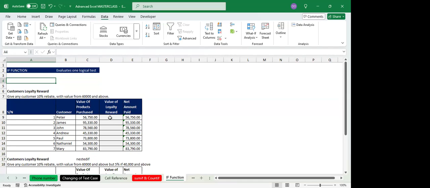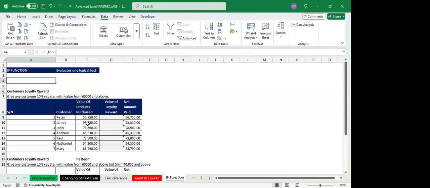I disagree. The person gets 3,250 discount? I disagree. This person will not get anything, he didn't get up to 60,000. Thank you. That's true. You will only get 10% if you get up to 60,000, right?